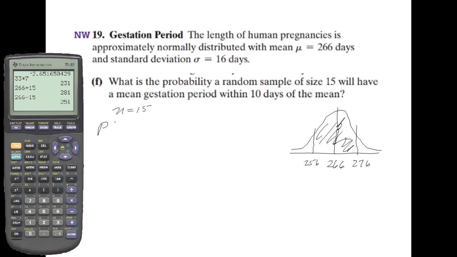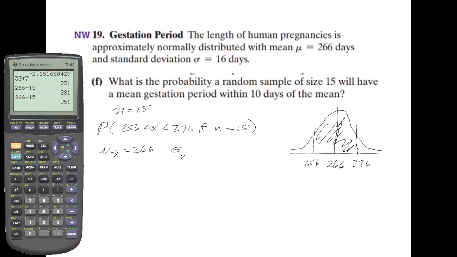So that would be the P of 256 is less than X bar is less than 276 if n equals 15. That's what I'm trying to find. Well, I guess the first thing I'm going to do is find mu of X bar, and we know that's 266.